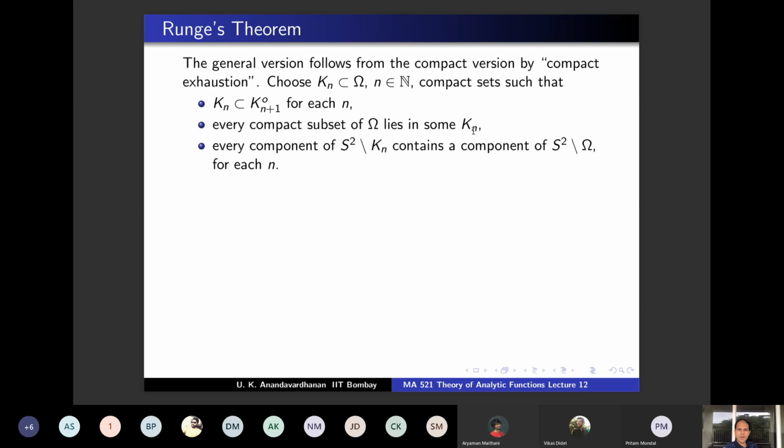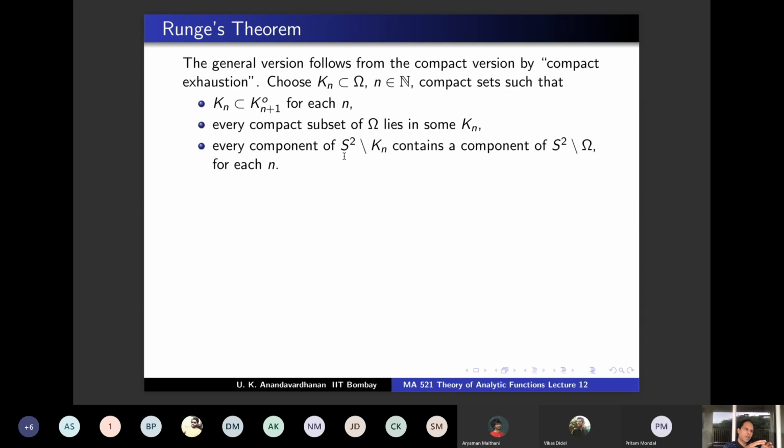Each compact subset will be contained in one such set. If you take a component of S2 minus Kn, say the unbounded component, it contains the unbounded component of S2 minus omega.